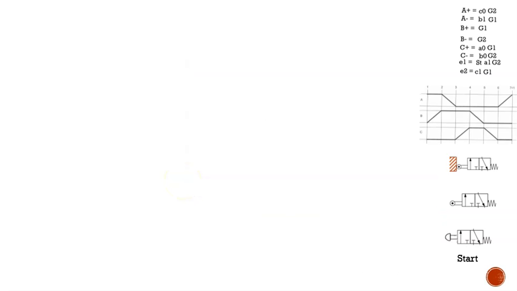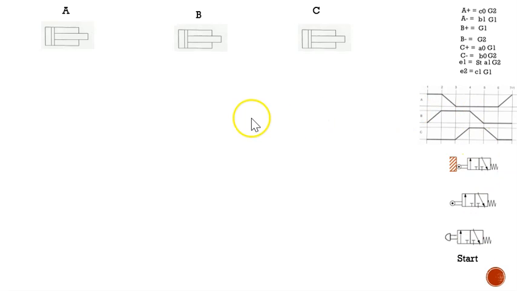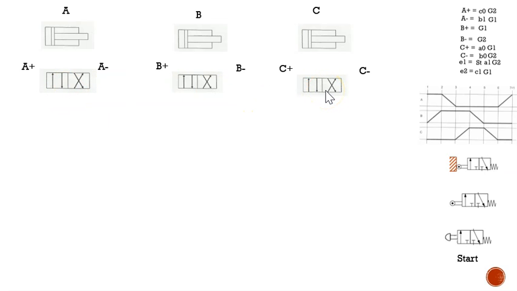Now we want to draw. First things first, we have the logic statement, we have the motion diagram, and we have 3 limit switches. Okay, cylinder A, cylinder B, cylinder C, because there are 3 cylinders, and each cylinder has a DCV, and name the area here, and put the A0, A1, B0, B1, and C0, C1.